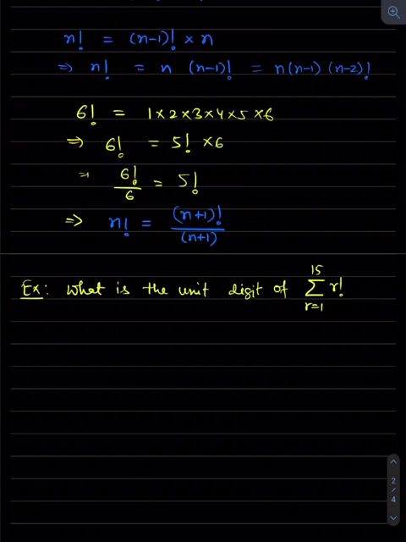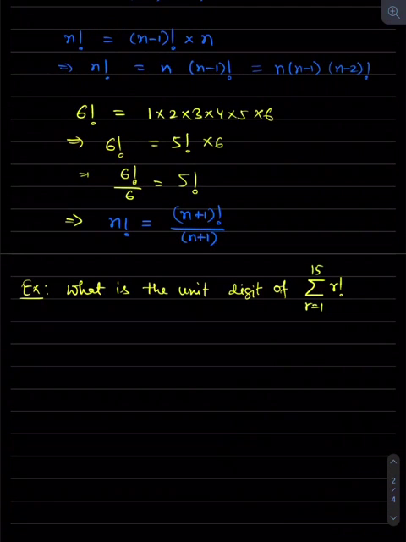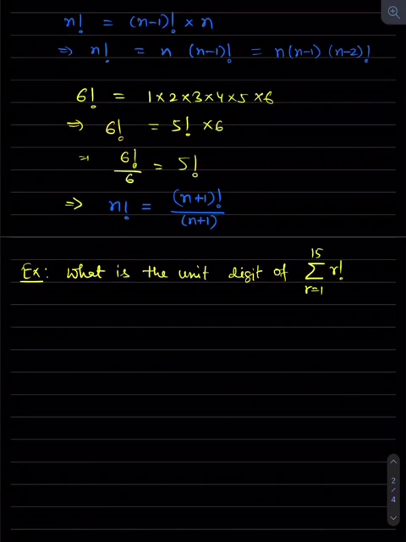So if you know what is r factorial, and if you know sigma is summation. Okay, so r factorial means in place of r you will substitute values of r from 1 to 15, all natural numbers from 1 to 15. So in place of r you will substitute 1, 2, 3, 4 up to 15. So this will be 1 factorial, 2 factorial, 3 factorial, and add all.